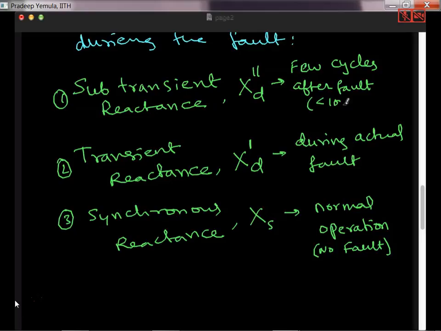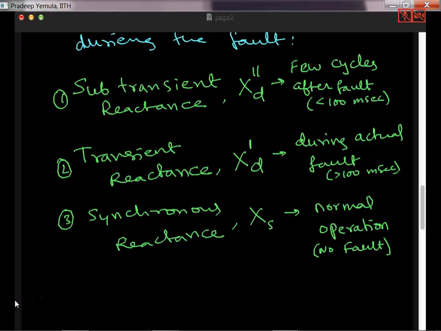So less than 100 milliseconds, and this is greater than 100 milliseconds. I am just assuming 5 cycles. So the first 5 cycles I consider transient reactance. In fact, these are all only artificial divisions. Physically, there's nothing like a step change between Xd double dash and Xd dash. The impedance keeps changing gradually, but we consider it like that.